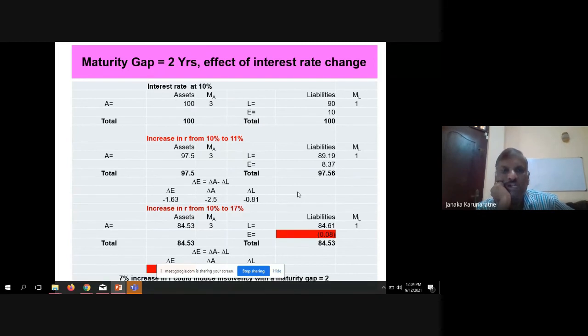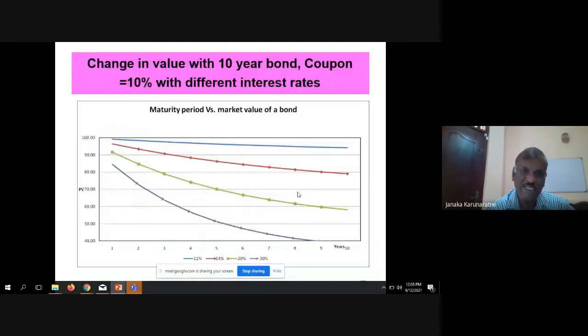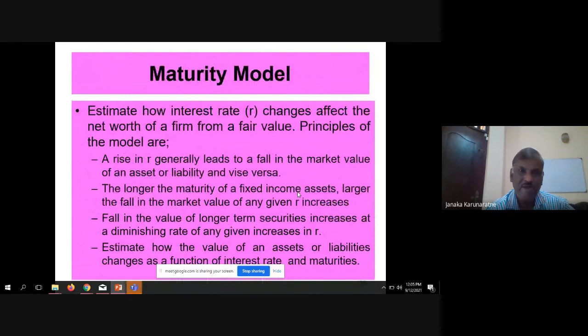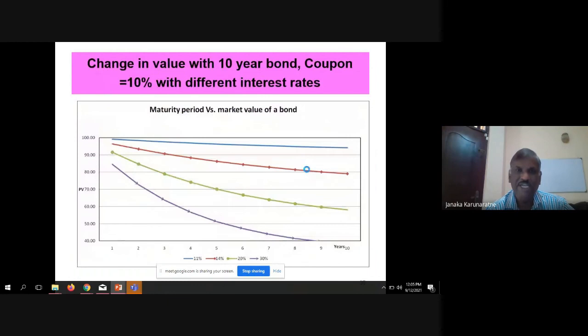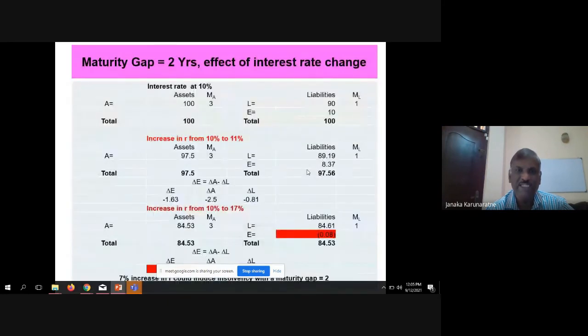Can someone calculate the impact on market value of asset and market value of liabilities? Now remember, this is the theory we discussed. Rising rates generally lead to a fall in market value. As a result of this increase, the market value of this asset and liability will change.